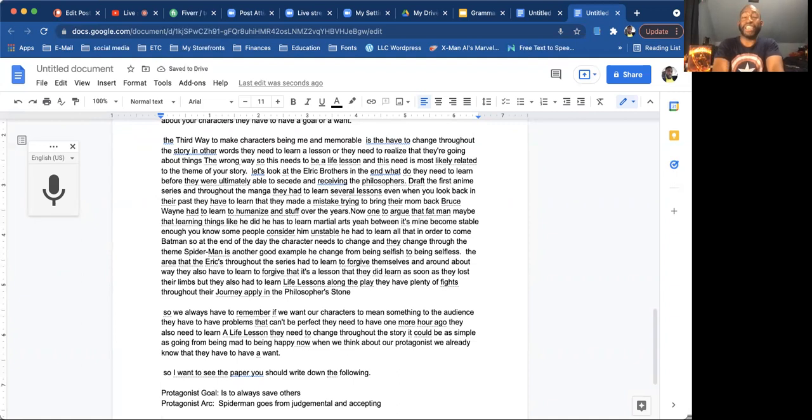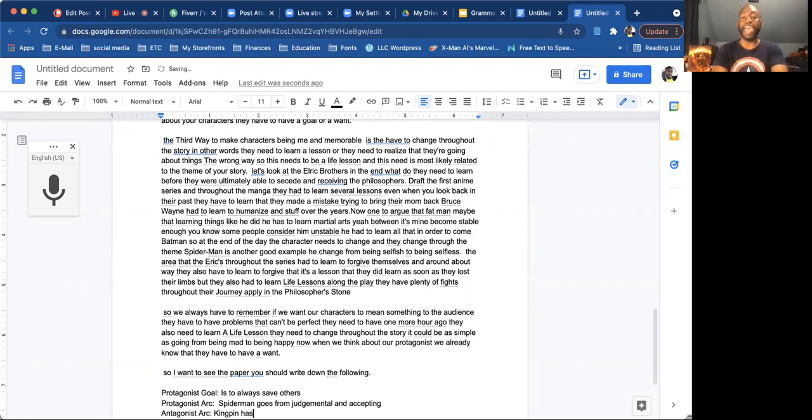So since we're using Kingpin as our antagonist, you would then want to write the antagonist arc, Kingpin. Unlike Spider-Man, who's going to have a change, which is the lesson that he's learning, Kingpin also has a lesson that he could learn, but ultimately most likely will fail at.